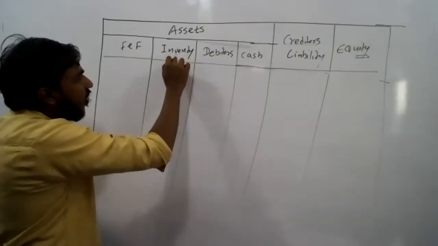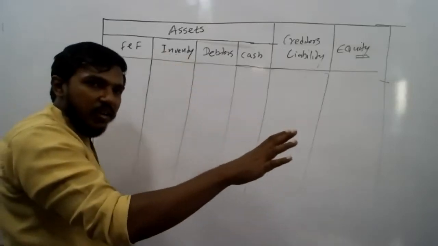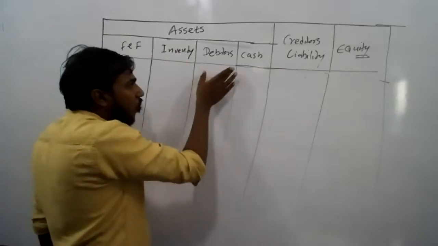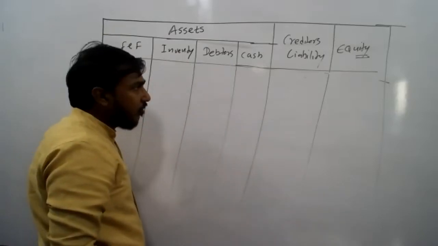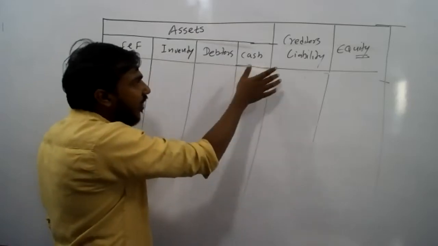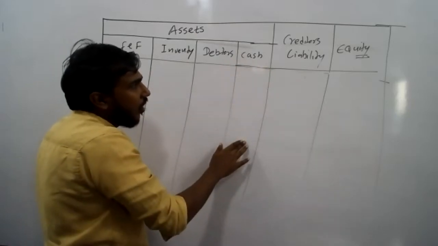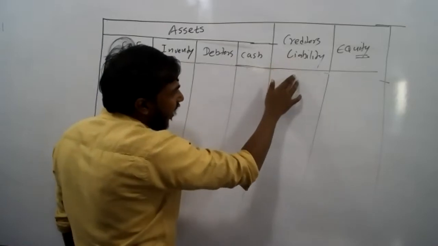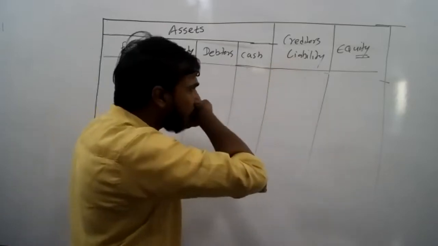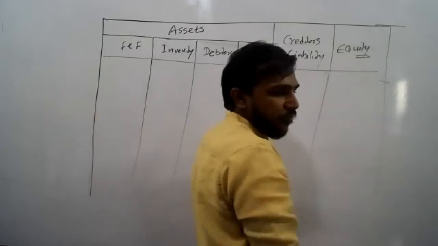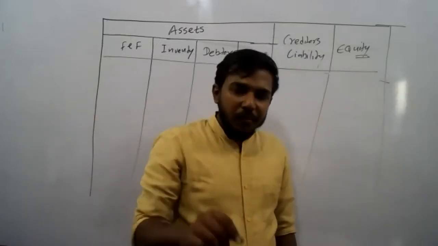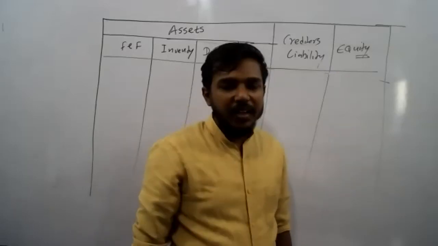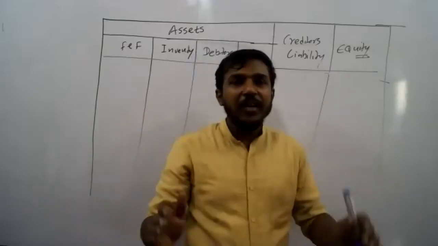How much was the inventory that they had at the beginning of the year? How much of debtors did they have at the beginning of the year? How much cash did they have at the beginning of the year? How much credit and liability did they have, and how much equity? So make sure somewhere you put a star mark and write it down. Put a big star mark and write it down.